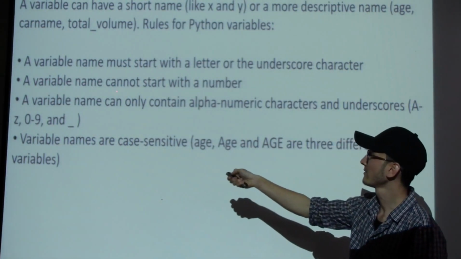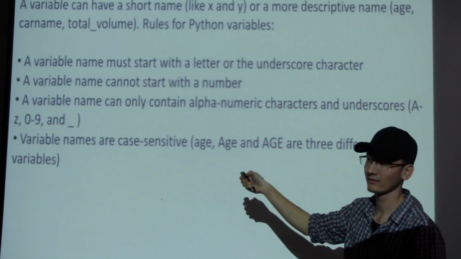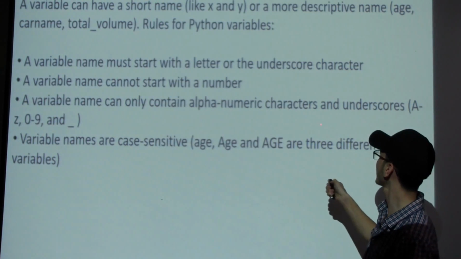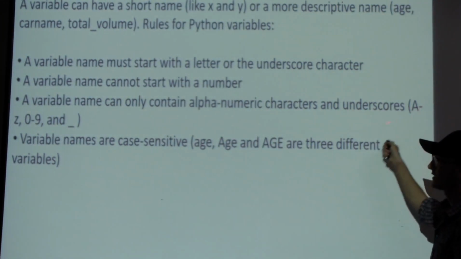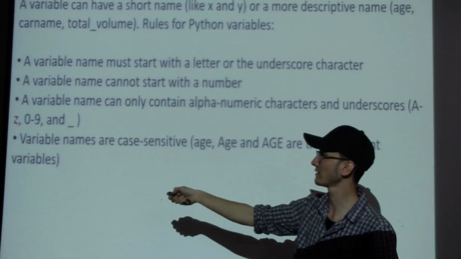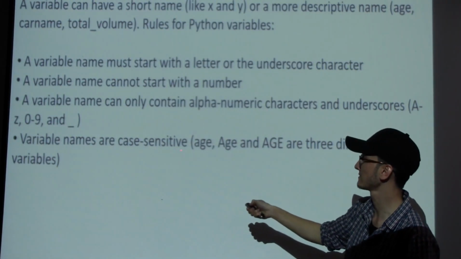A variable name cannot start with a number. A variable name can only contain alphanumeric characters and underscores, from letter A to letter Z, and after letters we can use numbers. Variable names are case sensitive.